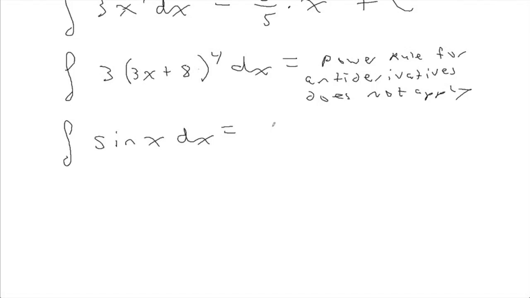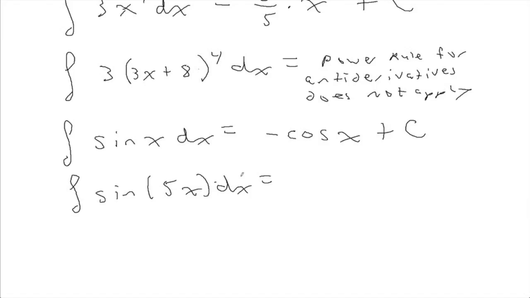Do we know how to take this antiderivative? Yep, the antiderivative is negative cosine of x plus c. Excellent. Now, can we use our same simple rules to take this antiderivative?